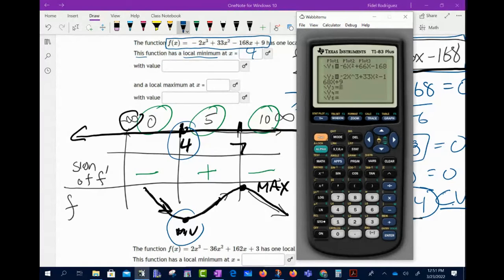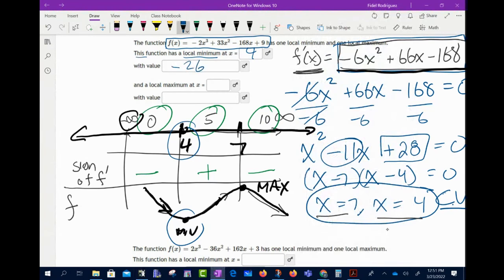Okay, there we go. Let me quit that and go to my Y bars. Let's go to our second function now, because the first one was the actual derivative. We're going to evaluate this at 4, and this is going to be my minimum. So look at the minimum value we're coming up with, negative 263.